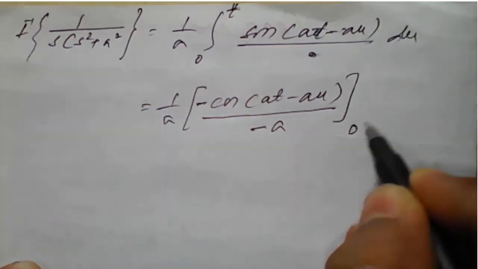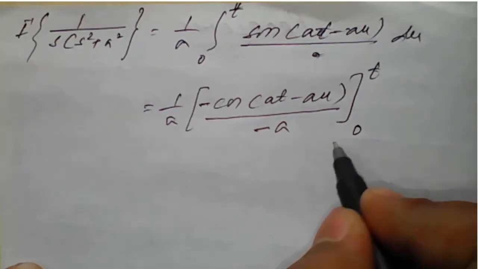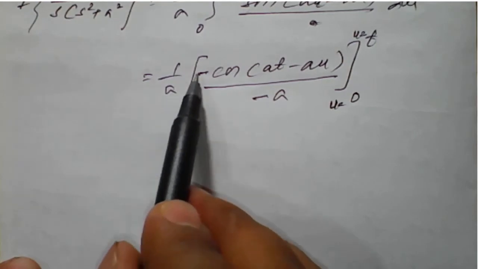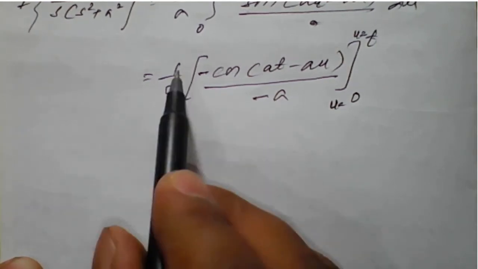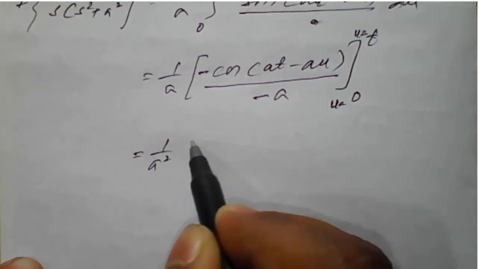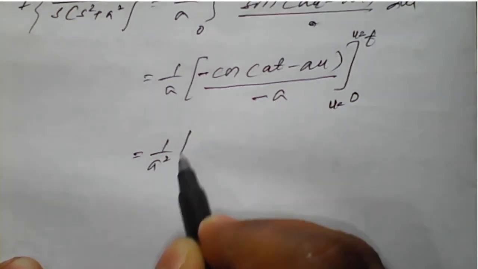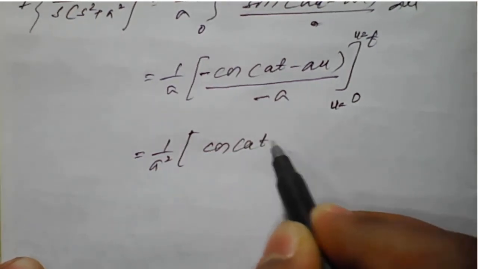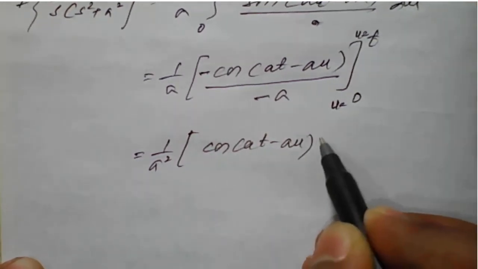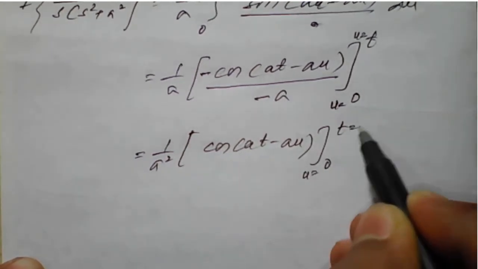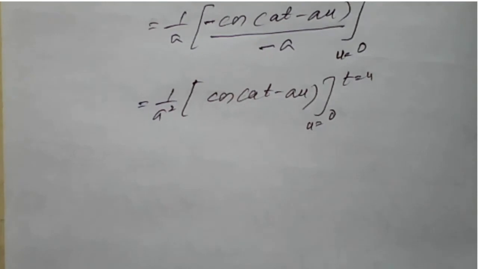Limit from 0 to t means we need to replace the value of u here. So this minus cancels, 1 upon a, 1 upon a, it will be 1 upon a square into cos of at minus au, limit from 0 to t. So we'll apply the upper and lower limits.